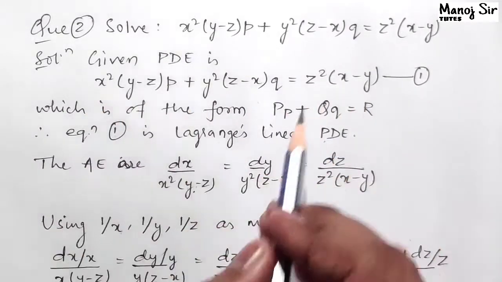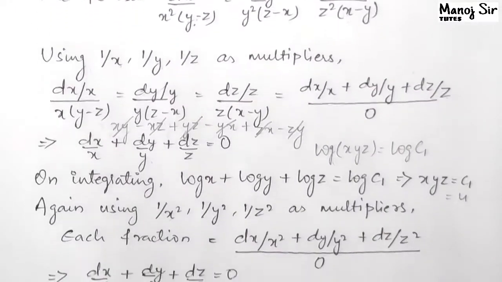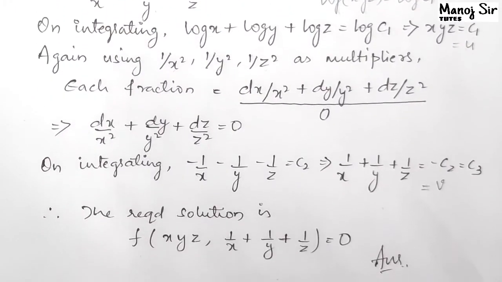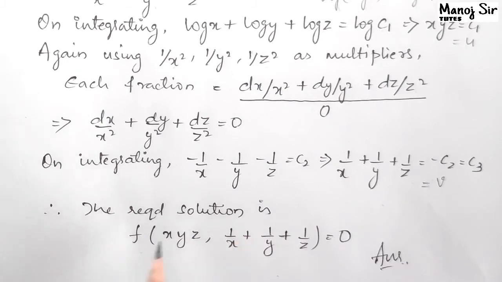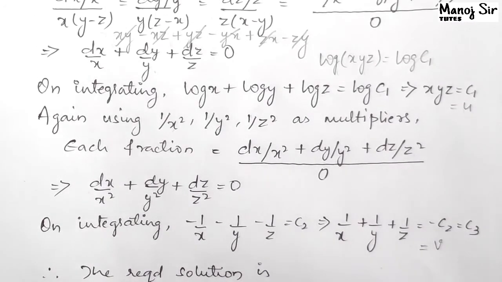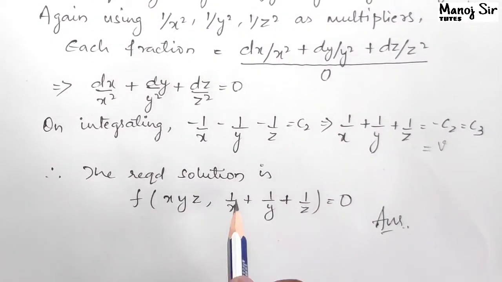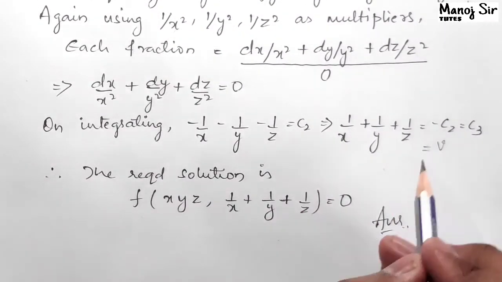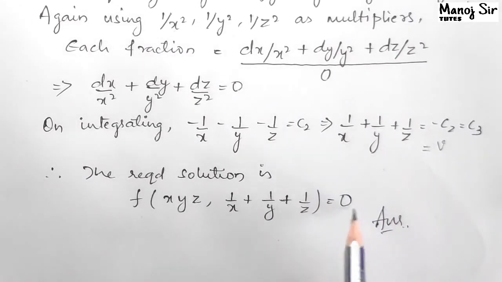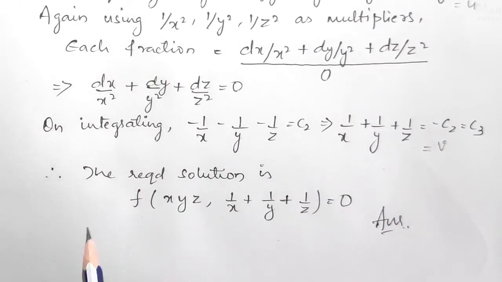So the required solution is given by f of (xyz, which is small u, comma 1 upon x plus 1 upon y plus 1 upon z, that is v) equal to 0, where f is an arbitrary function, and this is my final answer. Thank you so much.